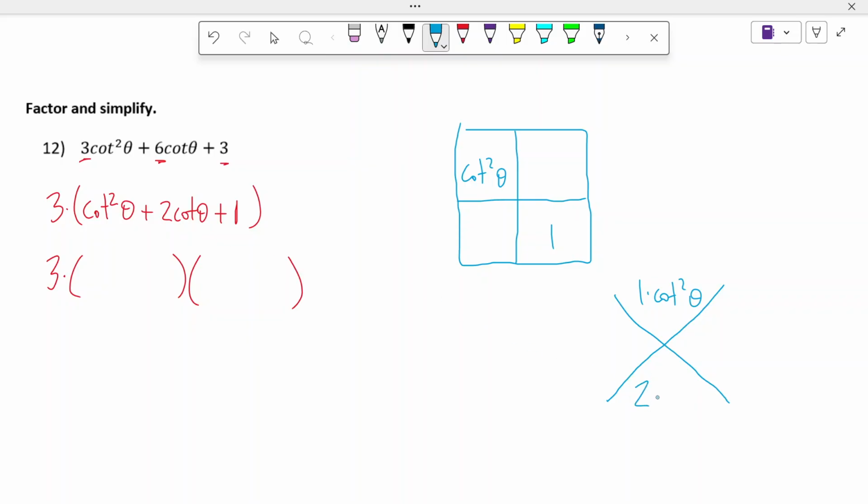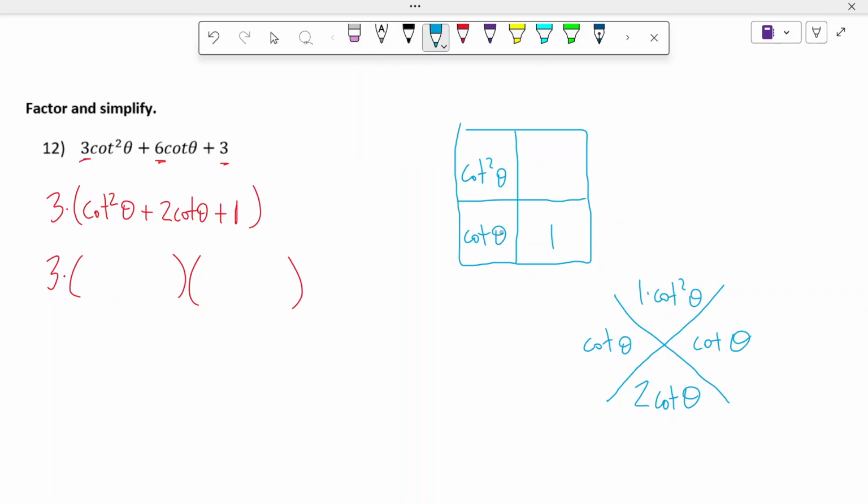So that middle term is just 2 cotangent of theta. All right, so what 2 things multiply to make this, but add to make this? It's actually just a cotangent times a cotangent multiplies to make the square. And then a cotangent plus a cotangent adds to make 2 of them. So really it's just a cotangent theta and a cotangent theta. And that's what goes in these 2 other boxes.